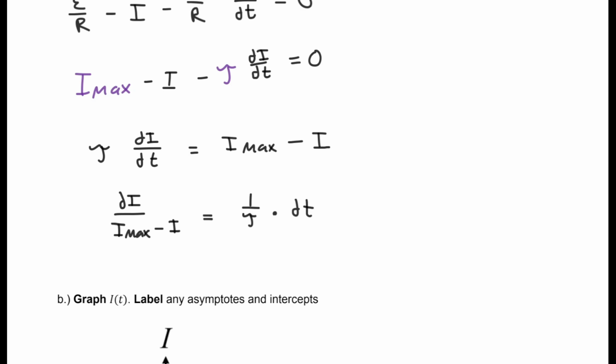So I divided both sides by every term on the right side, and then I moved my tau and dt over to the left. And then we can integrate both sides. So I'll integrate both sides where my current starts at 0 and it ends at some value I. And then my time starts at 0 and ends at some value t.